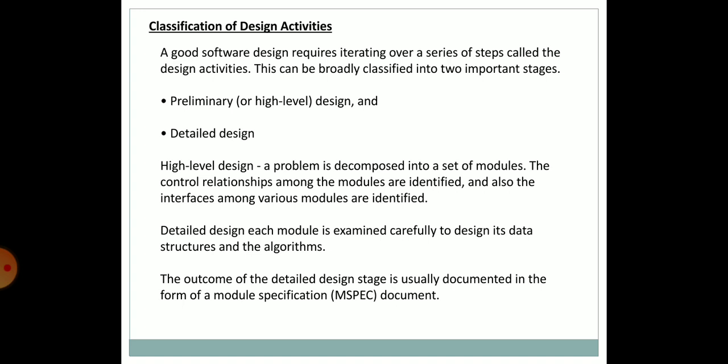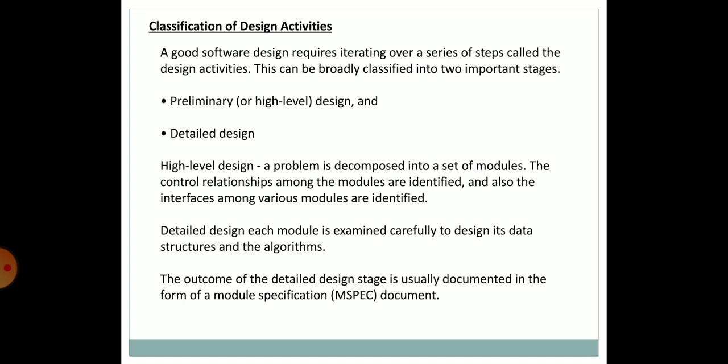Preliminary design, also known as the high level design, and the detailed design. The scope of these two stages can vary depending upon the design methodologies. But for the traditional function oriented design approach, through the high level design, a problem is decomposed into a set of modules.